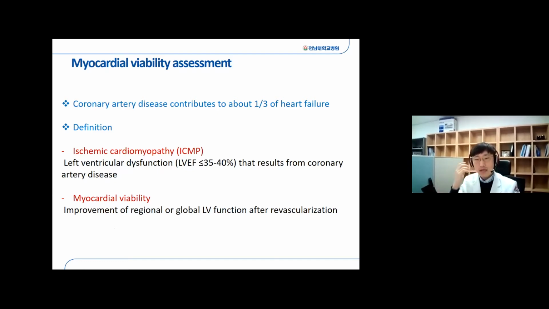It is about the functional improvement after revascularization. So technically, the cardiologists want to know if their revascularization, PCI or CABG, would bring functional improvement of a specific myocardial segment. That's why imaging tools are needed to assess myocardial viability.